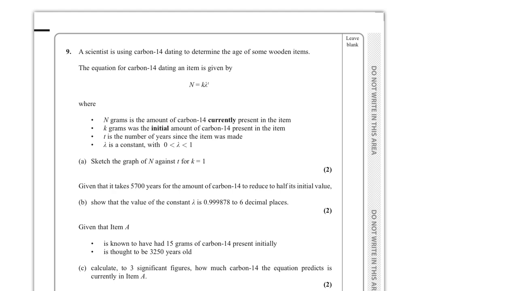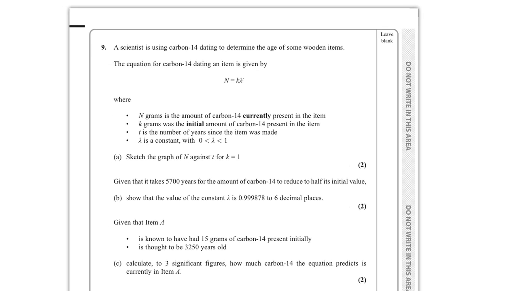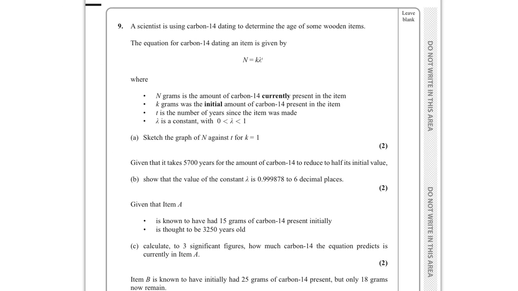So, a scientist is using the carbon-14, etc. So you should have really had a look at, read this question already. Now, it's a sketch a graph of n. Okay, so what do we know? That n equals k lambda to the power of t.